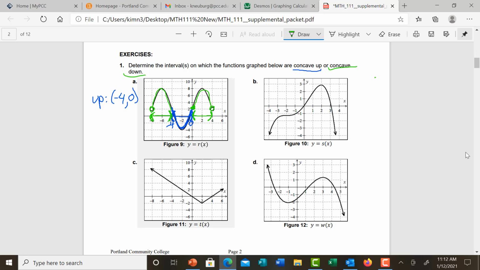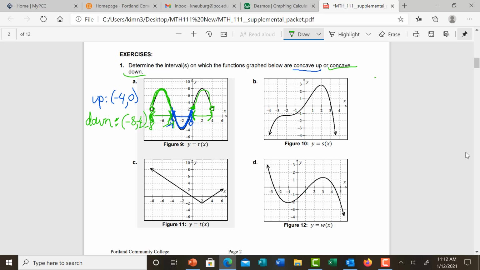So for the concave down section, I think I said concave up accidentally a minute ago, but I meant concave down. For this concave down section, we'll do down and a colon. That's from -8 on your x-axis up until -4.